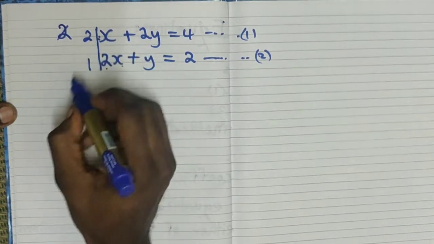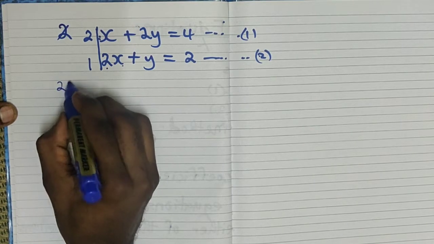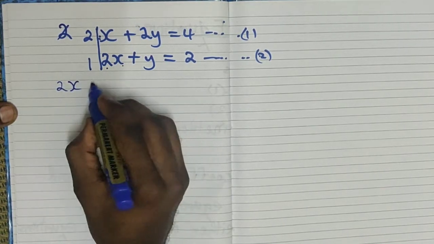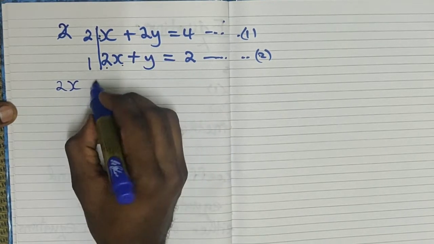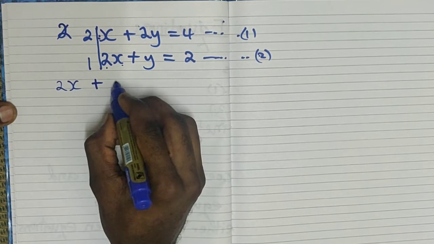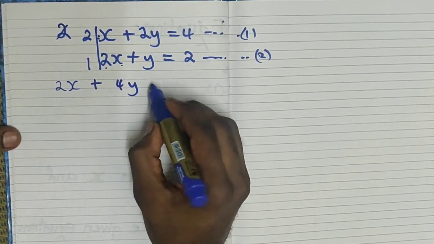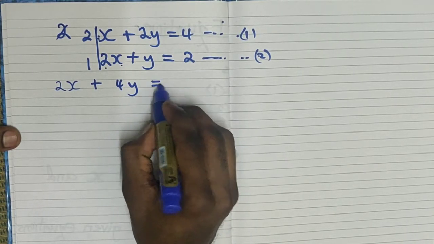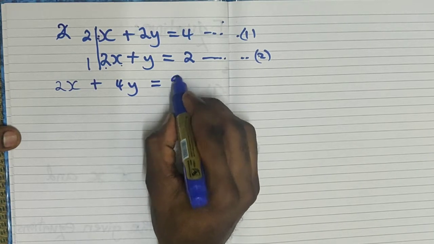So 2 times x is 2x, 2 times 2y is plus 4y, equals 2 times 4 is 8.